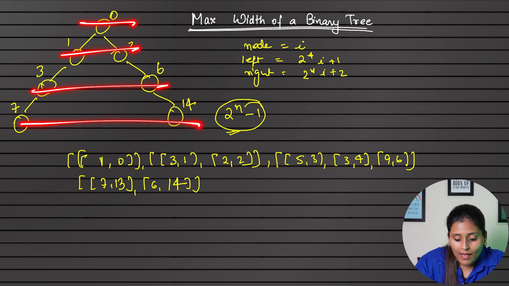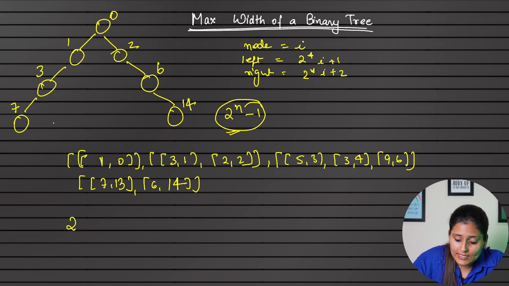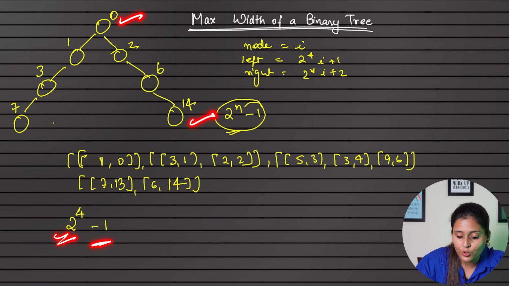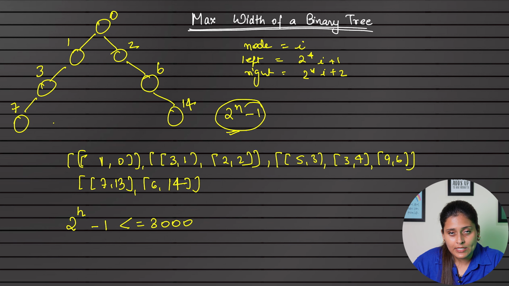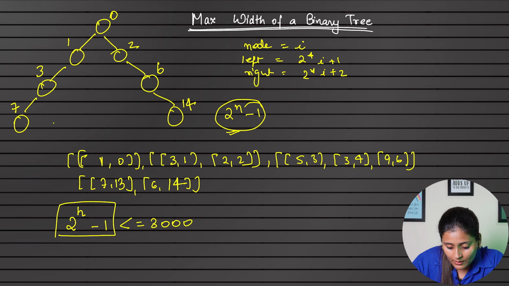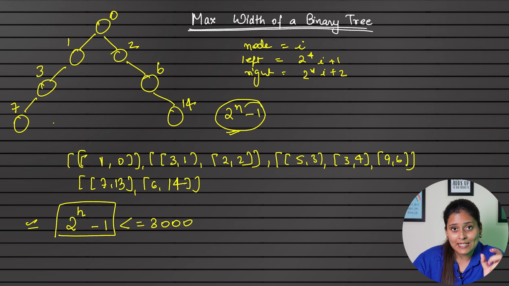So this was having 4 height, correct? So I can say the index went for 2 power 4 minus 1, which is 16 minus 1, 15. From 0 to 14 means 15, and it says it will be less than or equal to 3000. Can I say? So here instead of 4, if we say h, this is nothing but the number of nodes that can be present at a particular height, and it says it can be 3000.